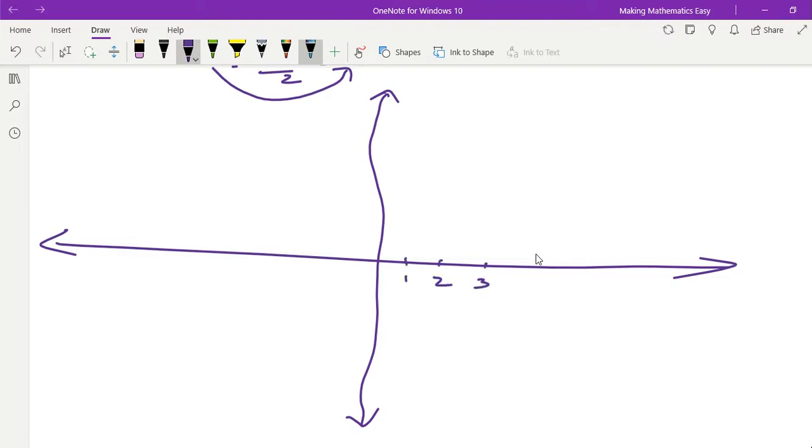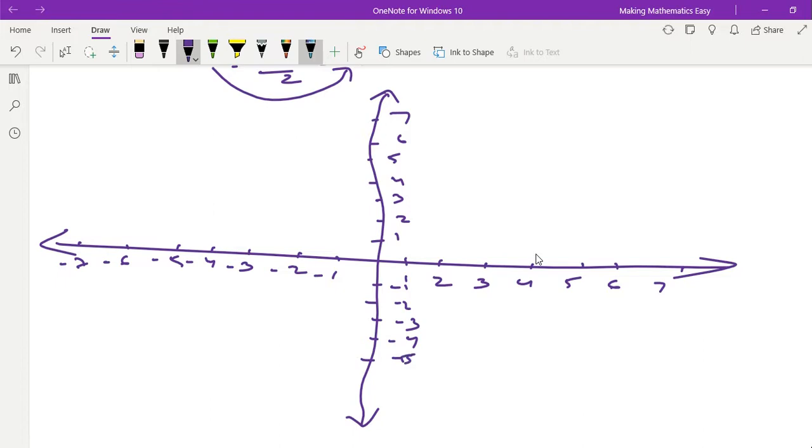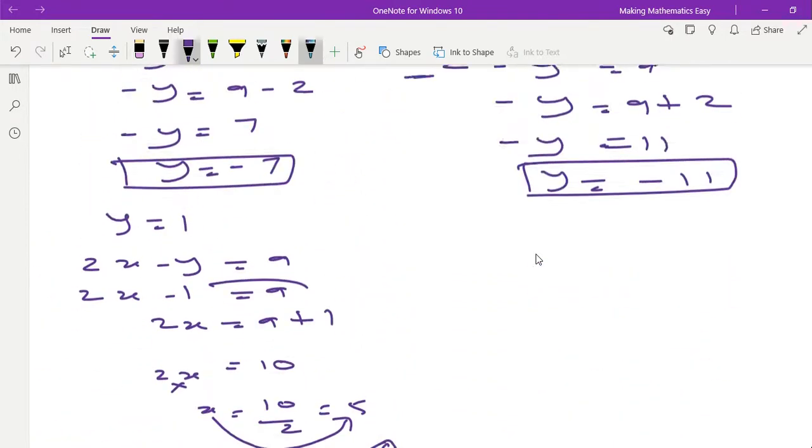This will be 1 2 3 4 5 6 7. This is minus 1, minus 2, minus 3, minus 4, minus 5, minus 6, minus 7. This will be 1 2 3 4 5 6 7. This will be minus 1, minus 2, minus 3, minus 4, minus 5, minus 6, minus 7, minus 8. Okay, if we have to go beyond, we'll see later on.